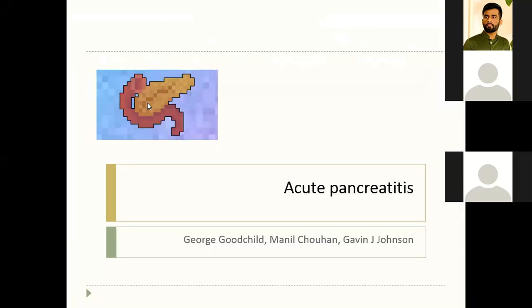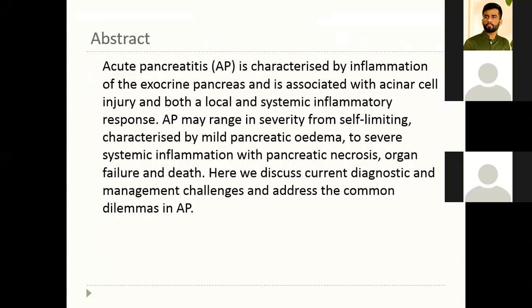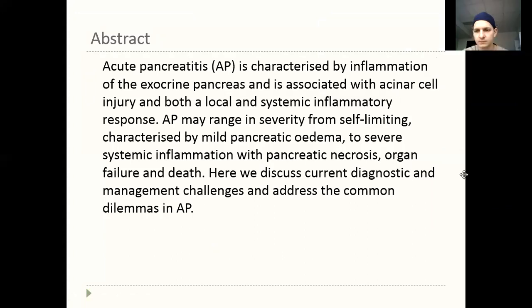Today we will talk about acute pancreatitis. Acute pancreatitis is characterized by inflammation of the exocrine pancreas and associated with acinar cell injury, and both a local and systemic inflammatory response.